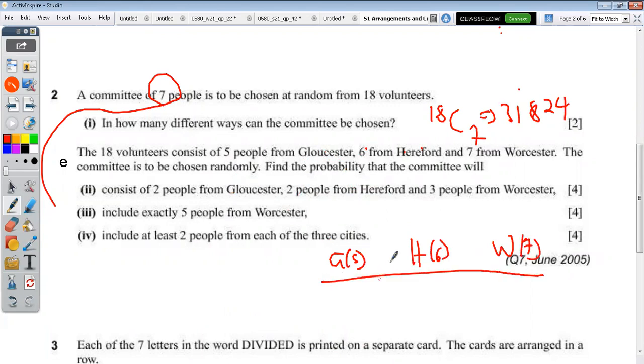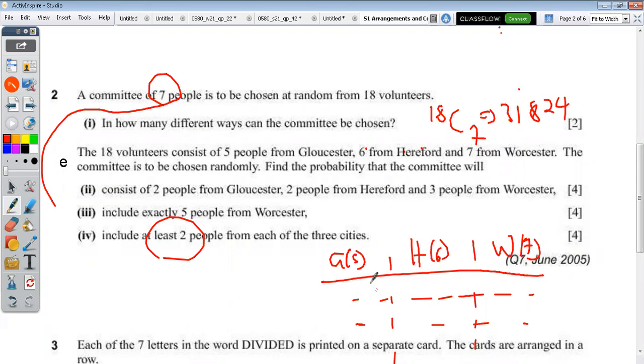So let's work out possible probabilities. Now look at this. We want at least what? Which means every town should have at least 2 people. Do you agree? These 2 people. But we need a committee of 7.